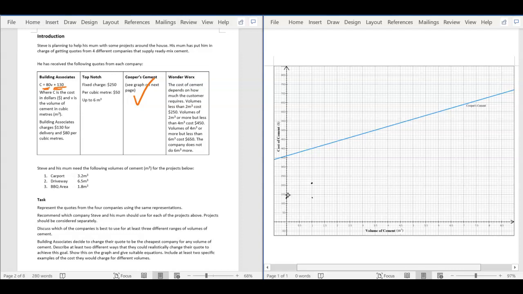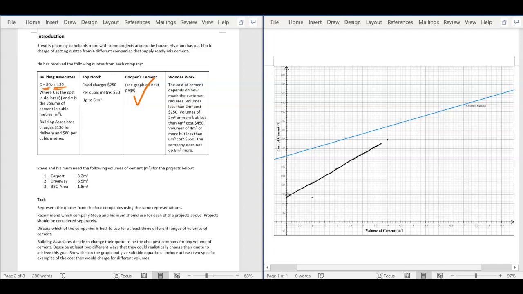We're then going up to 290. We've then got 370, which will be there. After that, we'll have 450, which is just up there, and you can see that line forming.